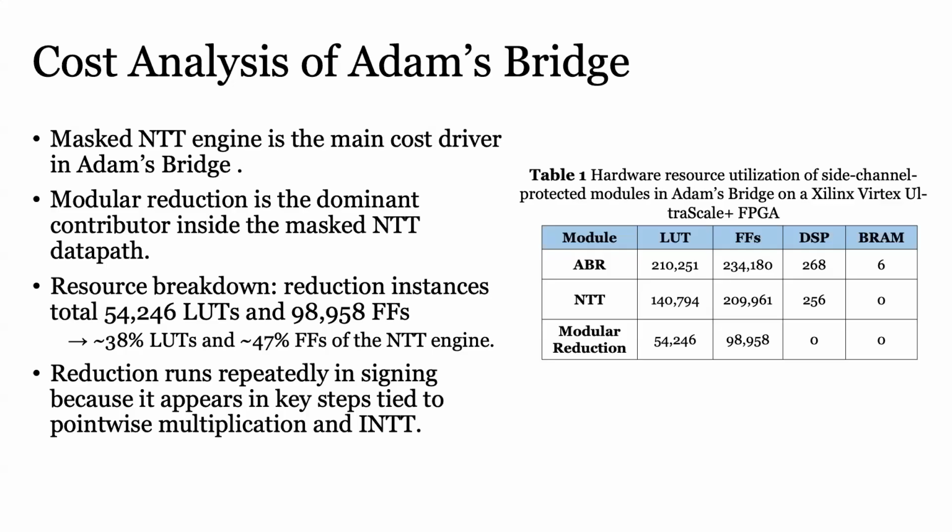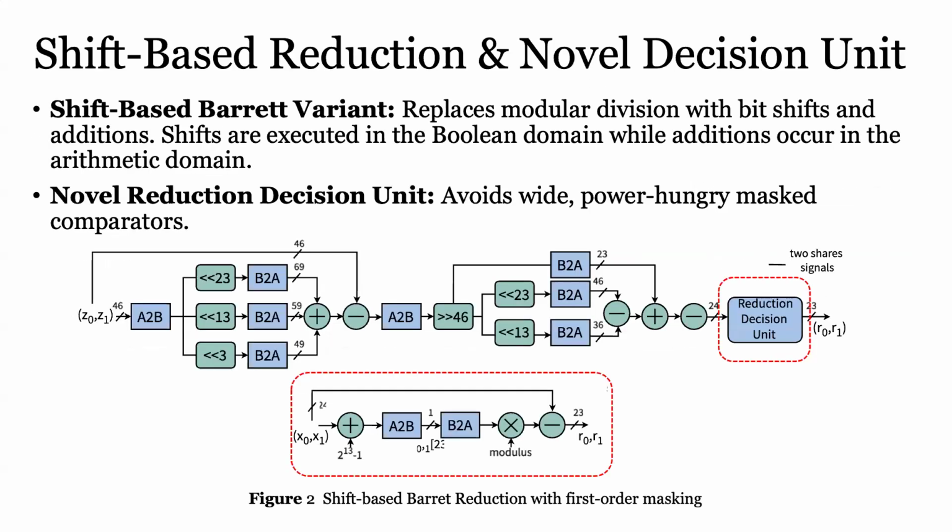So we identified which module is causing this overhead. And we designed our reduction circuit, which is Barrett. Barrett has some division and multiplication operations, but they're expensive in hardware. Again, we want to have something that is cheap.